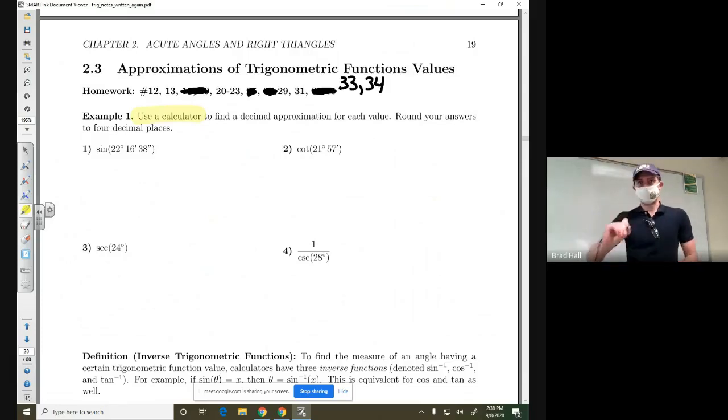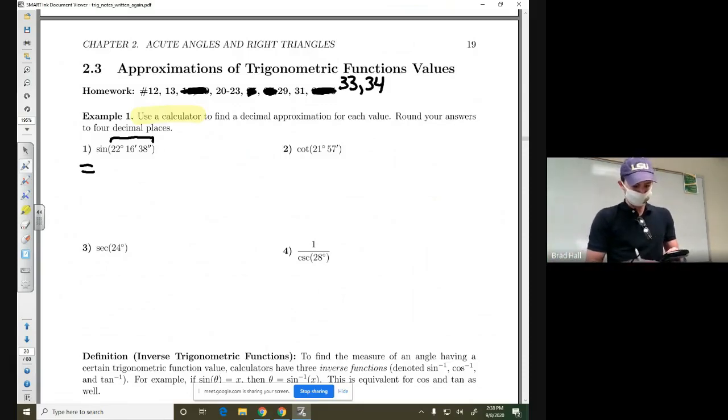If it's not just you write the answer, then it might be one line and then you write the answer. So provided you know how to put the DMS stuff in the calculator, if not, you need to go refresh yourself on how to do that, and make sure that your calculator is in the correct format before the test happens, because if you switched it to radians, then you're going to get everything wrong.